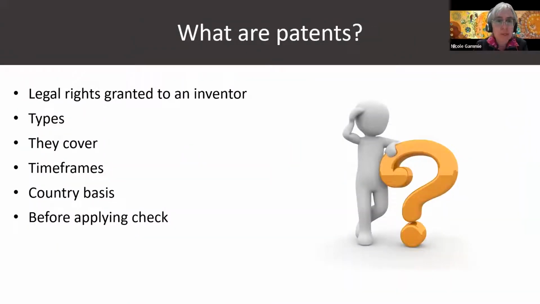Alrighty, so the $1 million question is, what is a patent? Basically, they provide legal rights that are granted to an inventor. They cover inventions, not ideas, so you need to be a bit careful, there is a definite distinction there. They provide exclusive commercial rights, meaning that you can sell them or use them in a way that you would like.